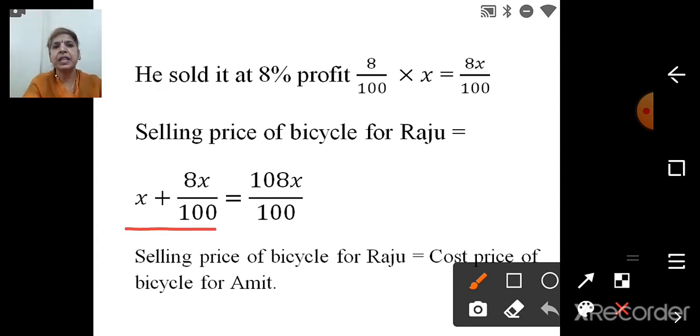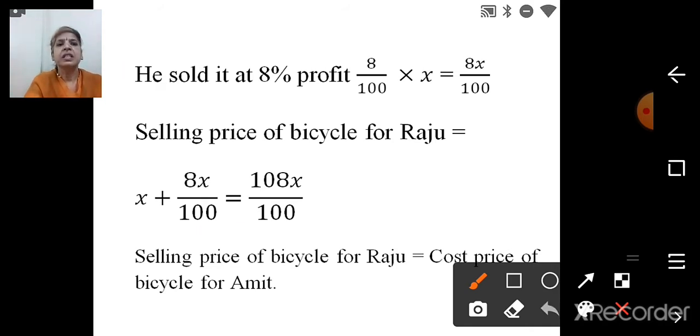So cost price is X plus 8X upon 100. So you have to add, right? Now here the denominator is 100 with 8X upon 100. X is not having a denominator, so understood it is taken as 1, children, right? So the common denominator will be 100, so X will be multiplied with 100. 100X plus 8X, total comes to 108. So when you add these both, you will get 108X upon 100.